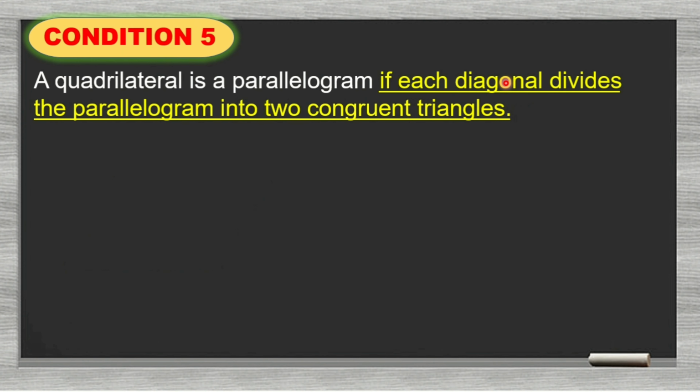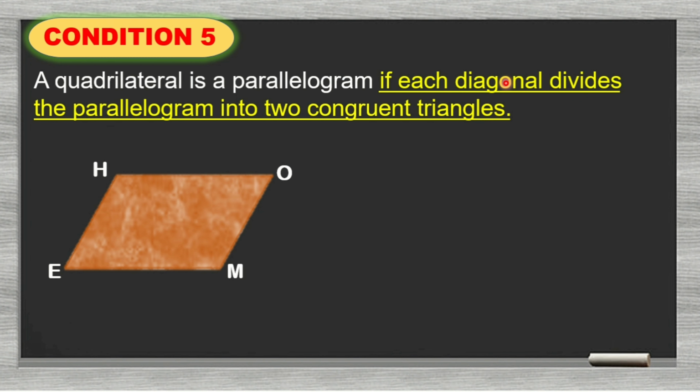Okay, let's have our fifth condition. A quadrilateral is a parallelogram if each diagonal divides the parallelogram into two congruent triangles. So, kapag daw ang quadrilateral ay na-divide sa dalawang congruent triangle using the diagonals, magiging parallelogram na ang quadrilateral naman. So, let's have an illustration.